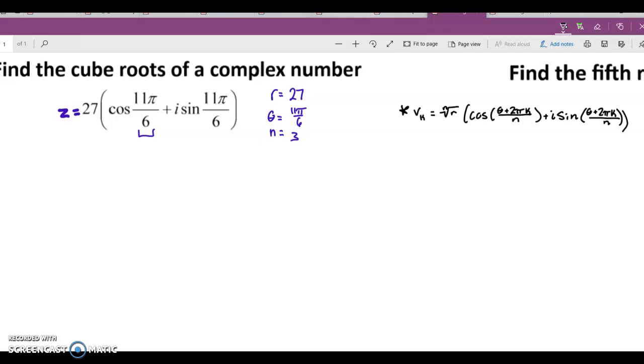And then it's just plugging things in. These go from v sub 0, v sub 1, dot dot dot, to v sub n minus 1. So in this case, we need to find v sub 0, v sub 1, and v sub 2. These are the cube roots of z.